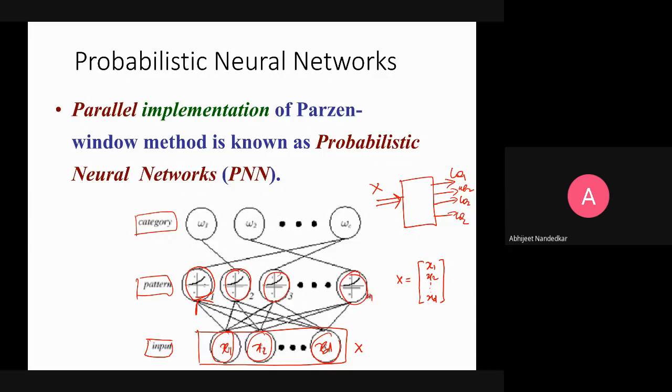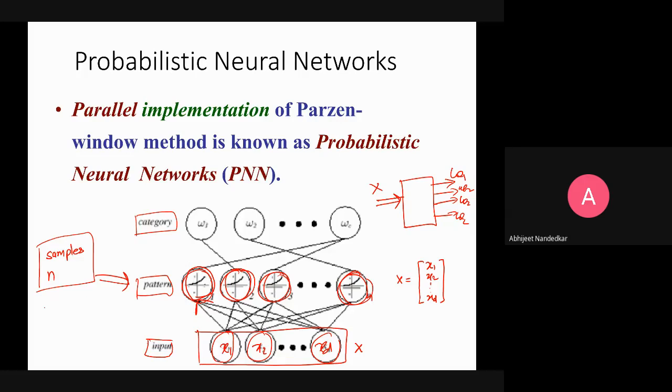So when you are provided n samples in a Parzen window problem, say total number of samples are n, then you will create n different nodes in this layer. Okay, each node is representing one sample.